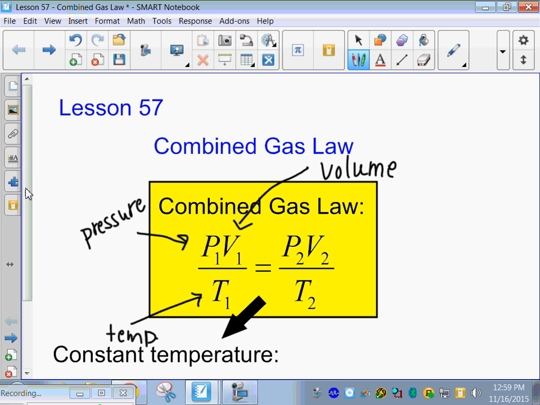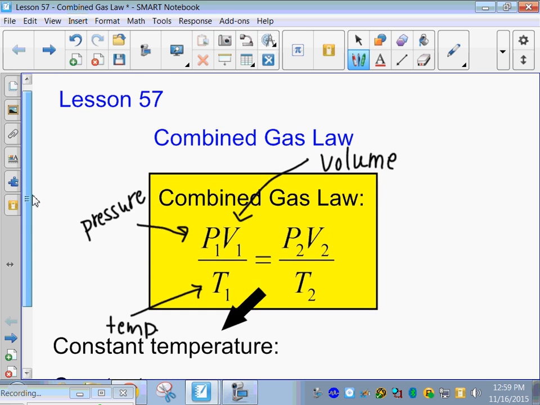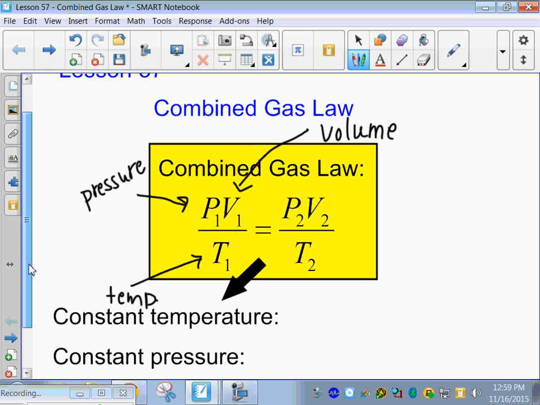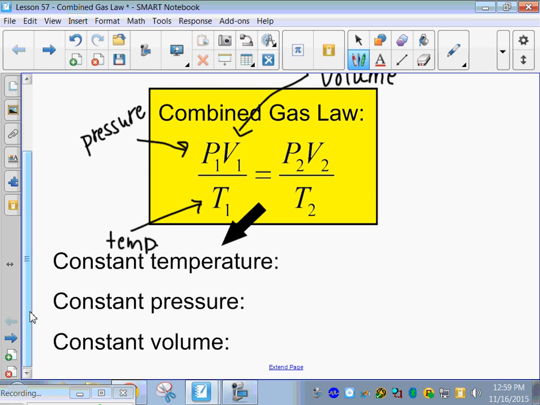All right, now something that is useful but not 100% necessary is to remember that if you have something that stays constant, so pressure, volume, or temperature stays constant, you can just completely get rid of that variable from the equation. So what I mean by that is if my problem tells me I have constant temperature, what I can do is just change my equation to P1V1 equals P2V2, and that's it, not even worry about the temperatures.